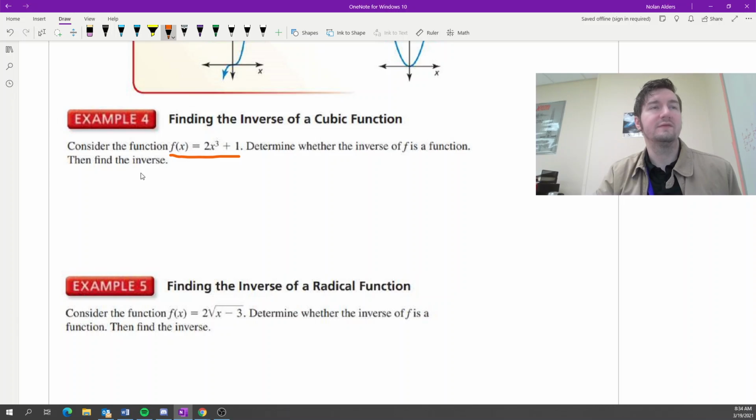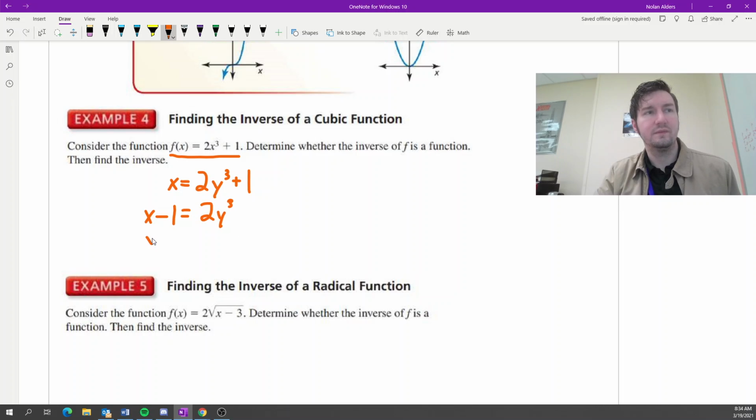All right, and then let's find this inverse. So again, we'll replace the f of x with an x and the x with a y, and we'll solve for y. So let's subtract 1, so we'll have x minus 1 equals 2y cubed.